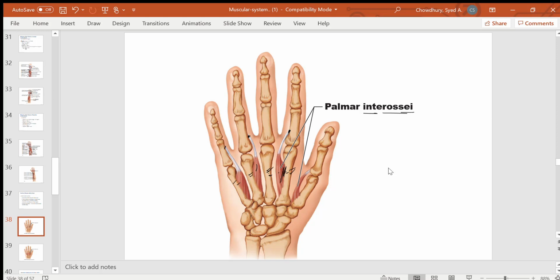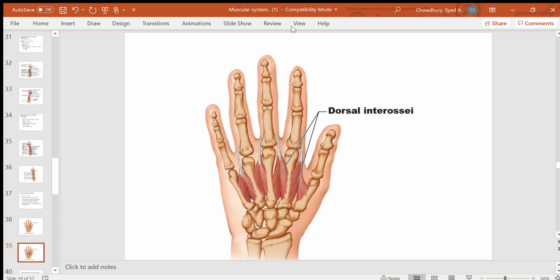So they move the fingers. However, these are small muscles and they help in fine movement. The flexion and extension are helped by the forearm muscles, the flexors and extensors. However, interosseous muscles help in fine movements like painting, drawing.